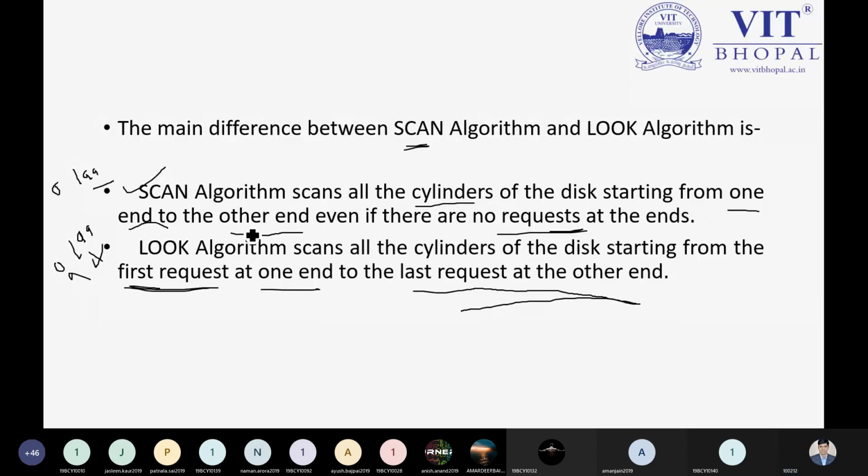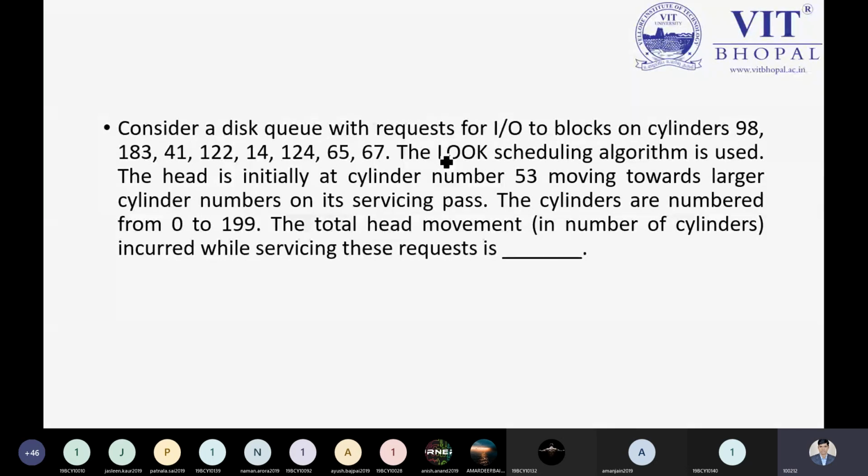Okay, now this is a question I'm giving for the LOOK example. What is the sequence we have? 98, 183, 41. Okay, 41 was not in the previous example. So we have included 41, 122, 14, 124, 65, and last 67.